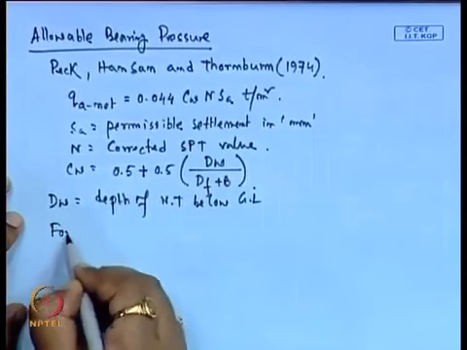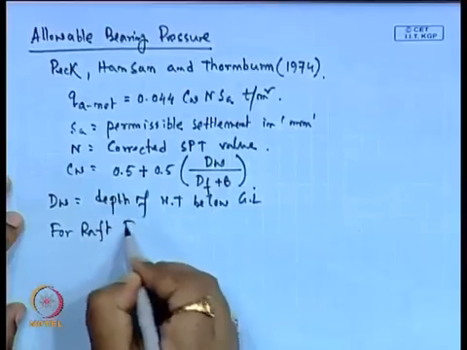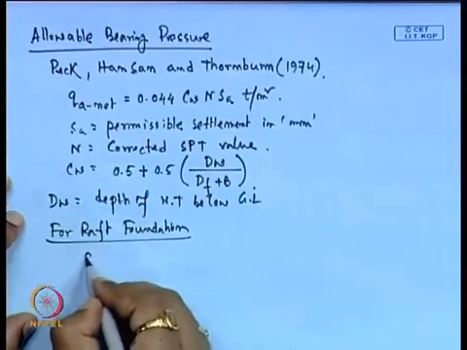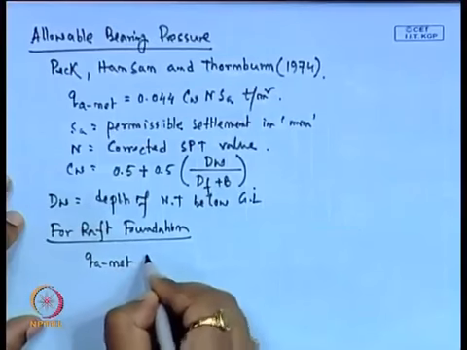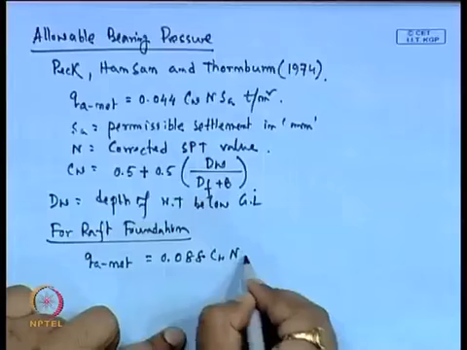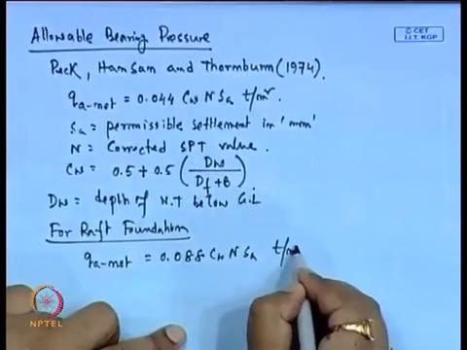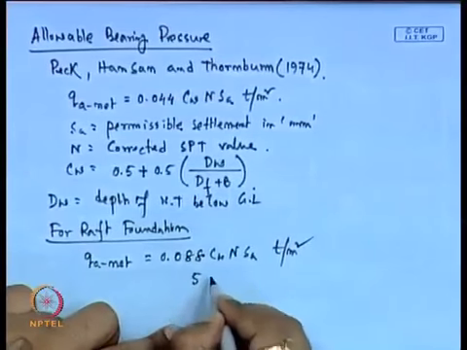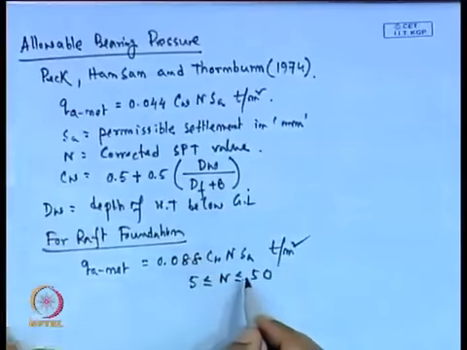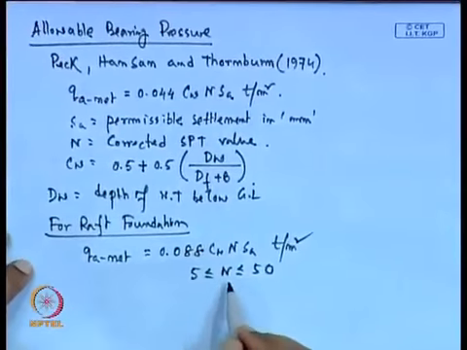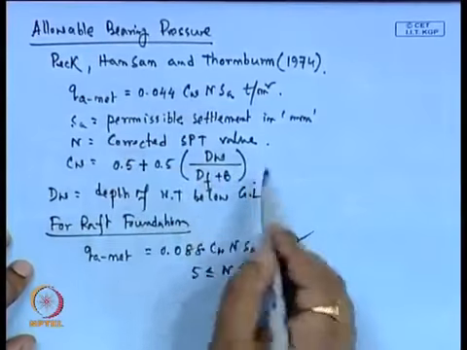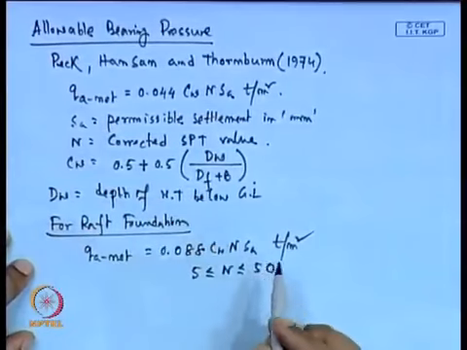Similarly, for the raft foundation, this QA net is 0.088 Cw in S, that is also ton per meter square. This is applicable within 5 to 50 N value. So, now by using this we can directly calculate the net allowable.